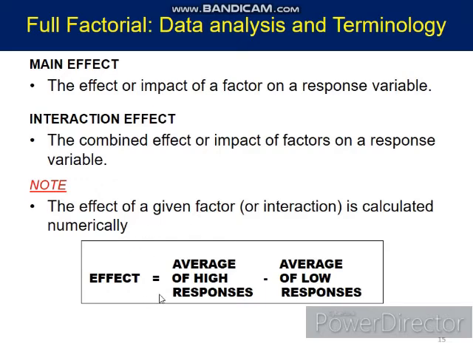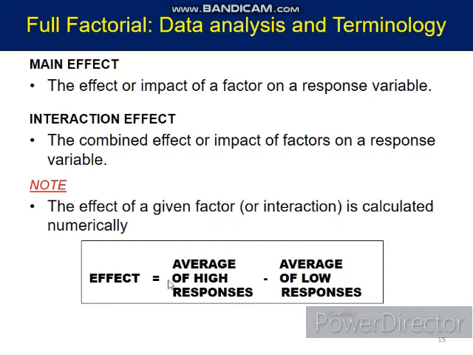Note, the effect of a given factor or interaction is calculated numerically. Effect is equal to the average of high responses minus the average of low responses. We're going to go through simple examples later on, and look at what this means in a bit more detail.